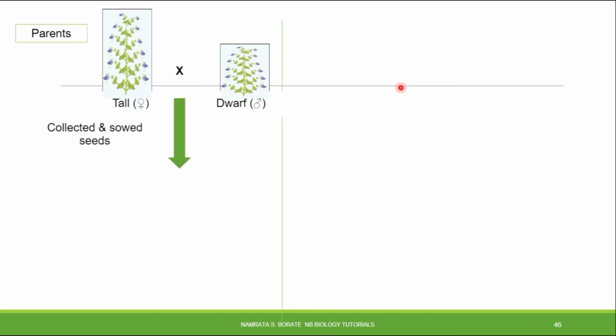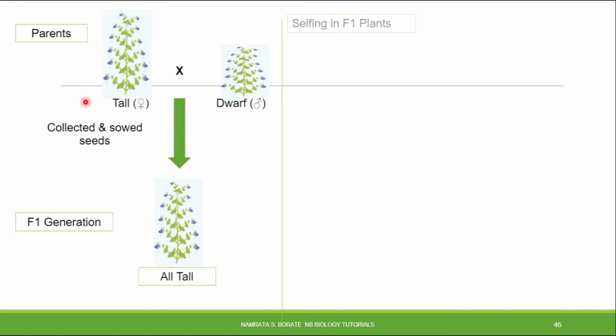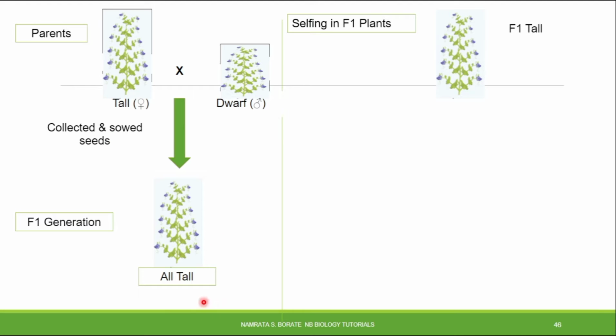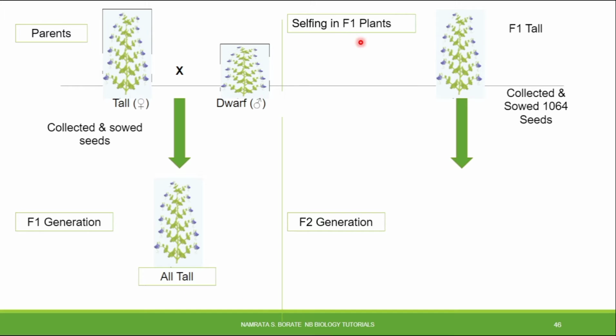As Mendel selected the pure tall and the pure dwarf plant for his monohybrid cross, he collected the seeds and sowed them in the soil. There is obtaining the F1 generation. In this F1 generation, all the plants are tall plants. Then this F1 generation undergoes selfing, that is self-pollination.